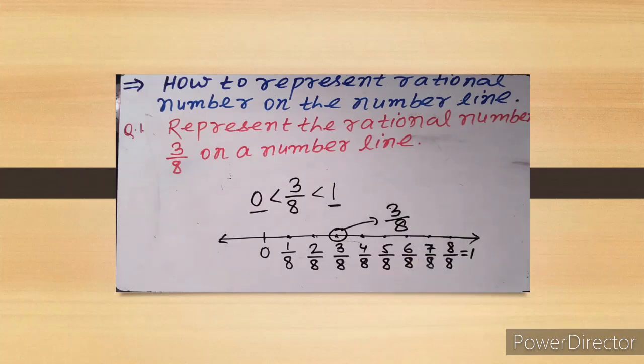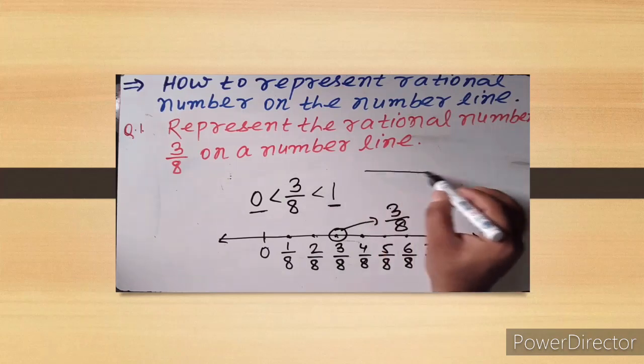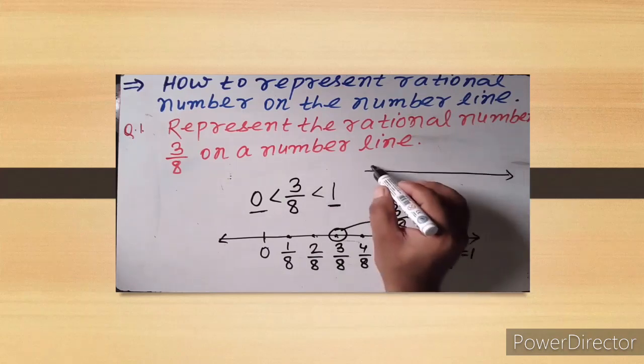One more thing, if you want to remember, first of all it has been made clear where you have to represent 3 by 8. 3 by 8 you have to represent between 0 and 1. So you can do like this also. You will draw a number line like this.